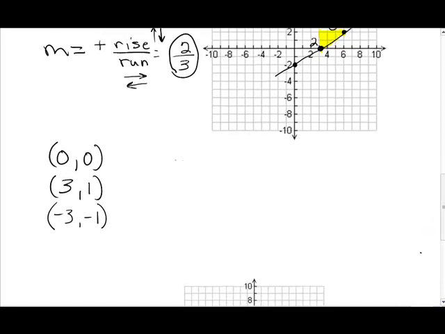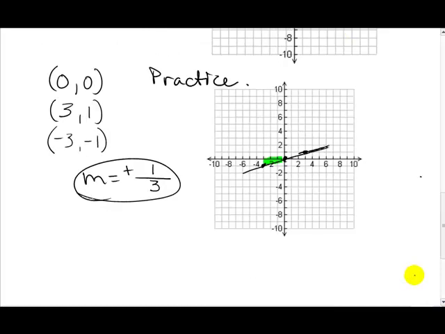I'll do the same thing while you're working, and then you can compare. Okay, here's what we practiced on. Look at your graph, and it's positive because it's going up. There's 1 box in my rise, and then there's 3 in my run. And so we have 1/3.